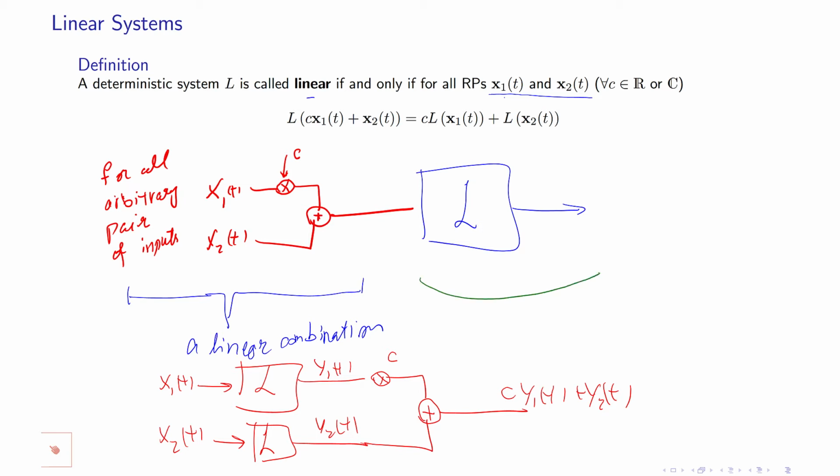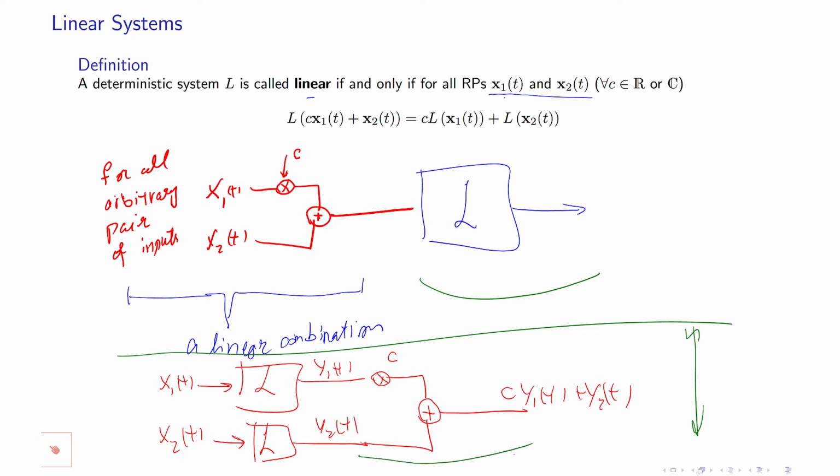So this is a linear system. In the first composition, I put the linear combiner here at the input, here is the linear combination, and then I put my linear system. In the second composition, I put the linear system, I apply the linear system to individual signals, and then I linearly combine them.